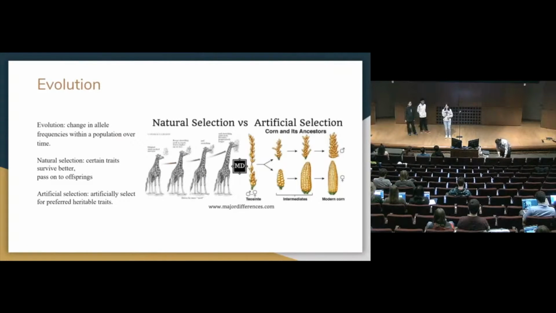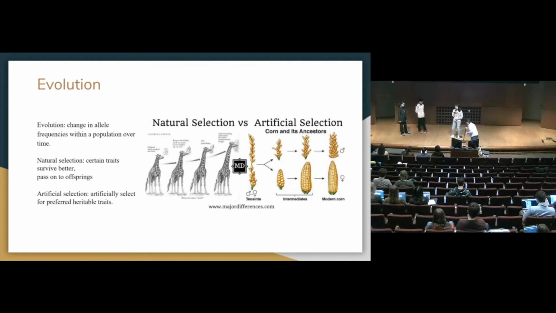And first, I will start with the important concept, evolution. So evolution is changing the allele frequency within a population over time. And it is promoted by two methods: natural selection or artificial selection.